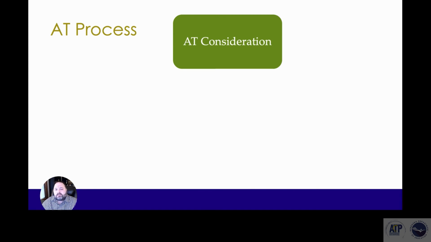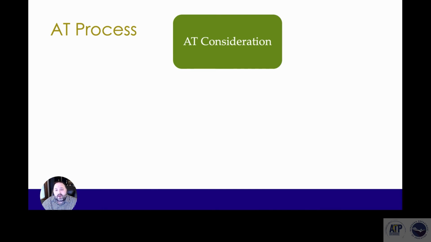This is really, is assistive technology needed for a student? Well, that's a very important question. Within the context of an IEP, there's a specific point within the IEP process that this question is overtly asked. Within the context of an IFSP, it is an ongoing question to sit there and say, is assistive technology something that is needed by the child in order to be successful?